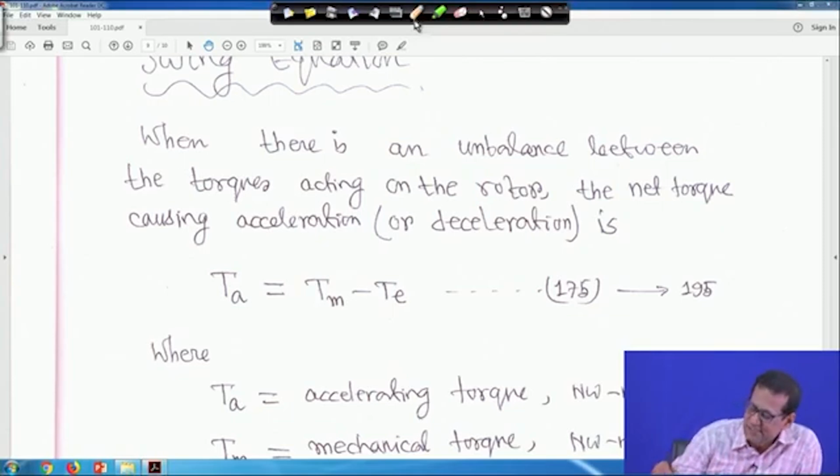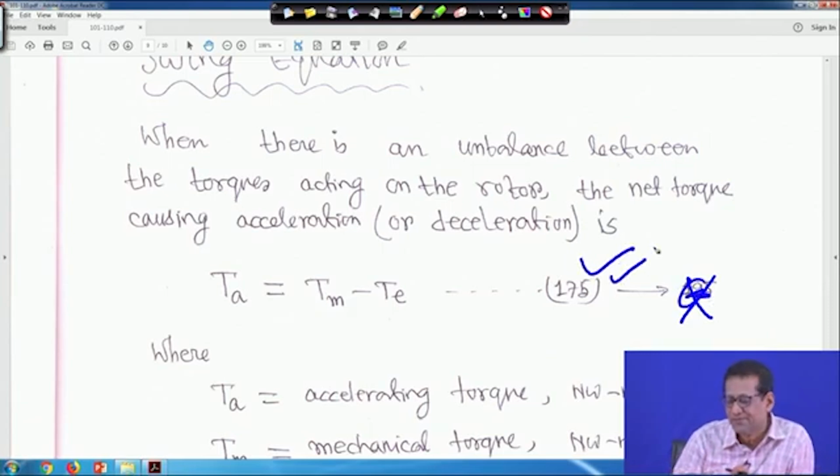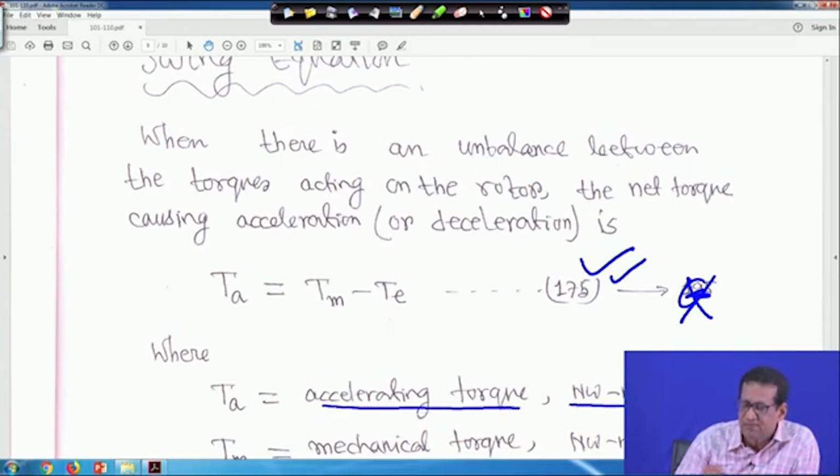This equation is 175, that is Ta is equal to Tm minus Te, where Ta is the accelerating torque in Newton meter, and Tm is the mechanical torque, also in Newton meter.